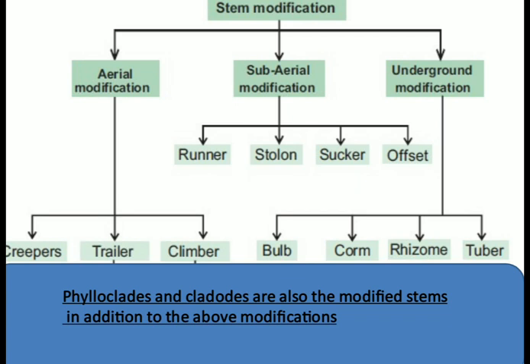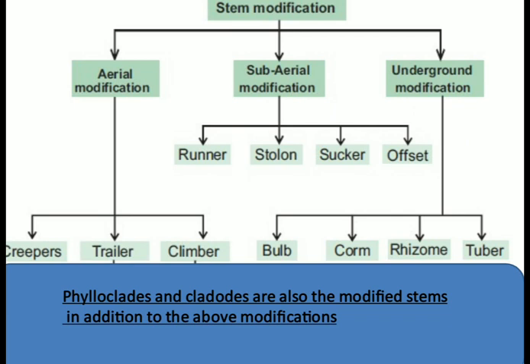In the same way, the stems are also modified to perform some additional function other than the functions that we have just discussed, and accordingly, because of their different positioning and different functions, we have classified the stem modifications into three broad categories. These are the underground modifications, subaerial modifications, and aerial modifications. These we will be discussing one by one.